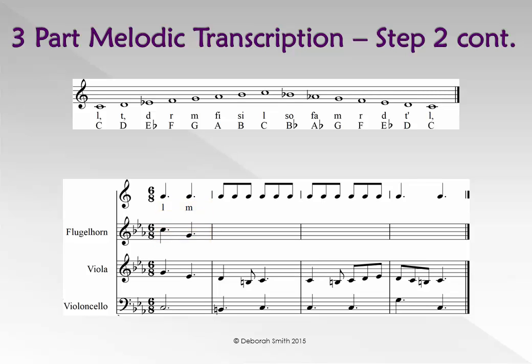The first time you listen, point to the rhythm and simply listen. The sorts of things you're listening for are common spellings, things that you recognize. In a melodic transcription, in a minor key, you would expect to hear parts of the minor scale, perhaps the tonic triad notes, la, do and mi.